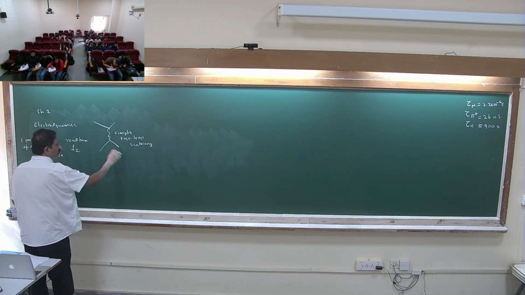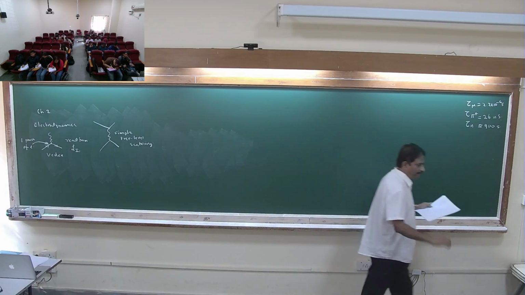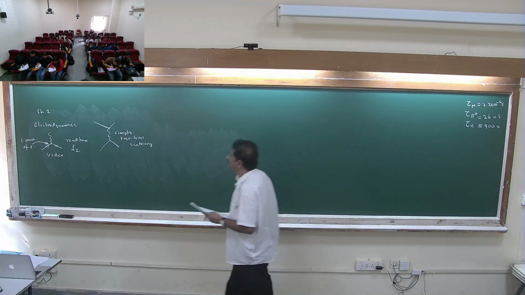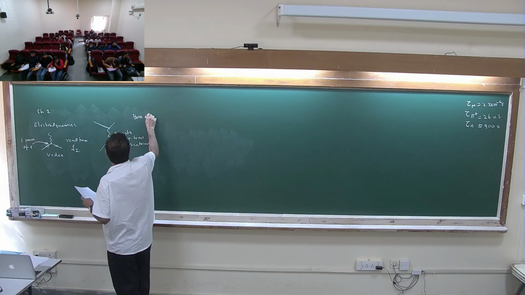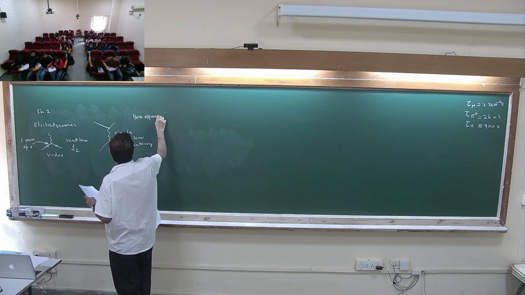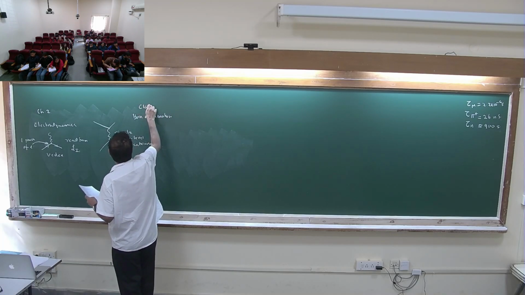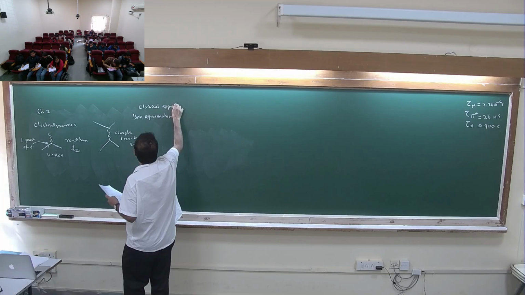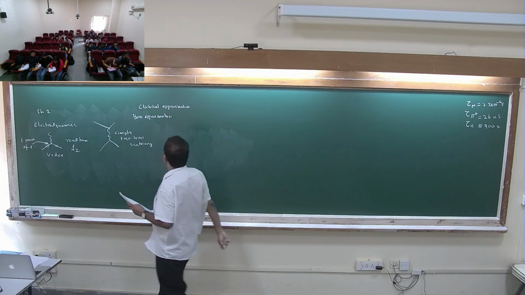Why tree? Tree in contrast to what? If it is not a tree, then loops. So here is a tree, and this is the Born approximation. It's also the classical approximation. If you have one loop, what kind of an approximation is it?